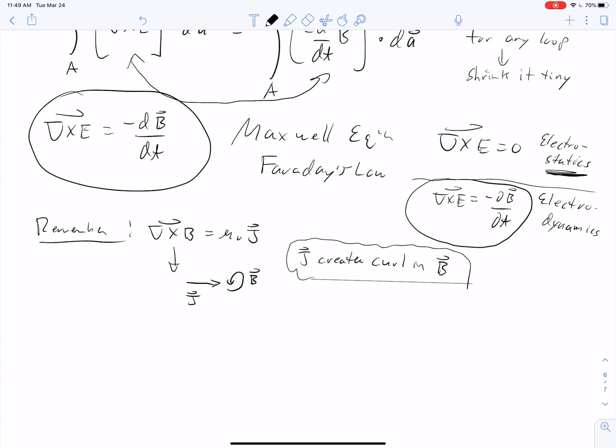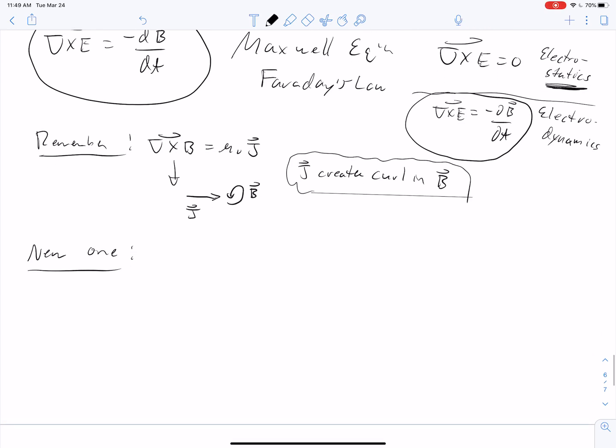But now the new one is this. Now I want you to see that del cross E, the new equation, is del cross E is equal to negative dB dt. And this equation is very confusing when you first see it, but I want to try to demystify it a little bit. I want you to see that this part is sort of like playing the same role as current.